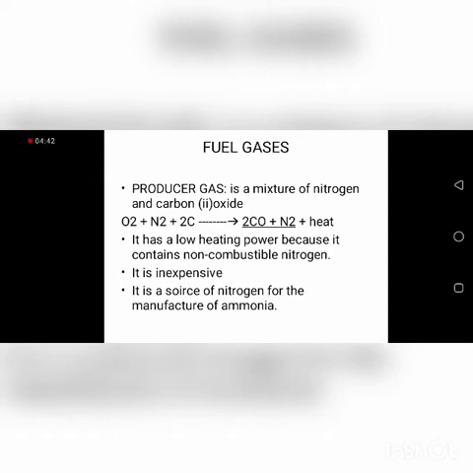Properties: it has low heating power because it contains non-combustible nitrogen. It is inexpensive. It is a source of nitrogen for the manufacture of ammonia.